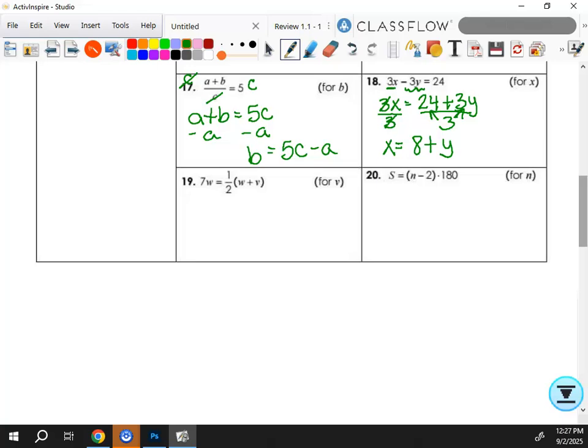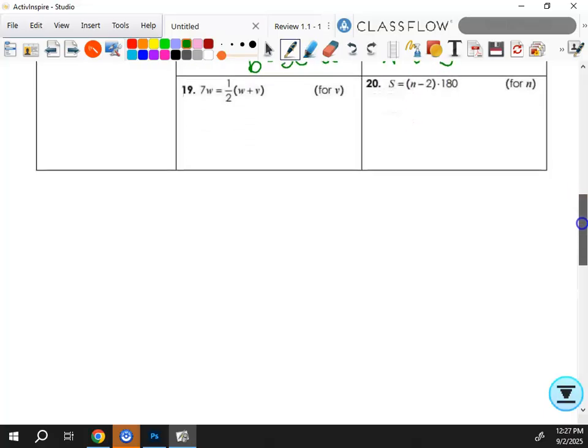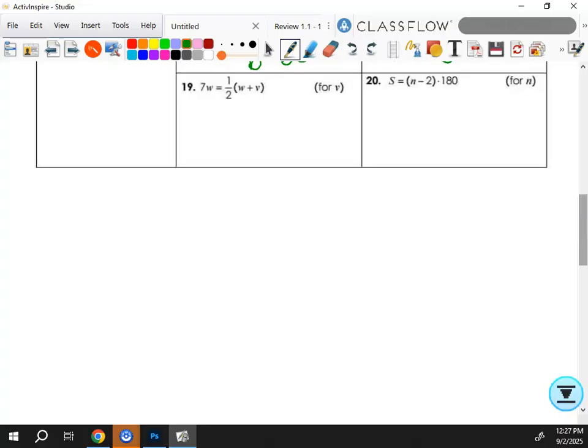We good? All right. Could I start 19 by distributing the 1/2? Could I? Yes. Do I really want to? No. I think I'd rather get rid of it, right? So I'm going to multiply both sides by 2. This will be 14w equals, and then again, don't do something weird like try to distribute.